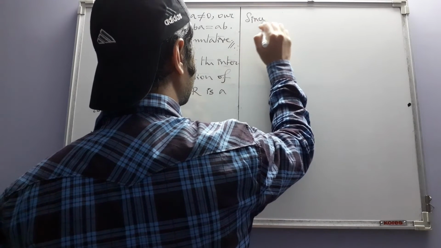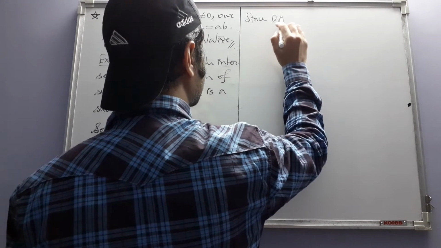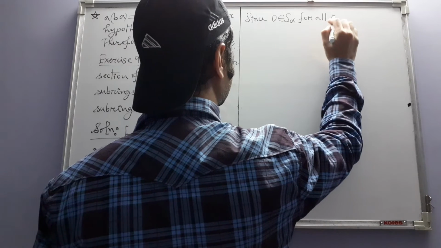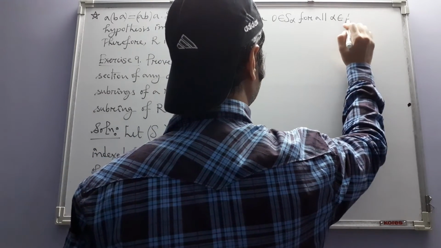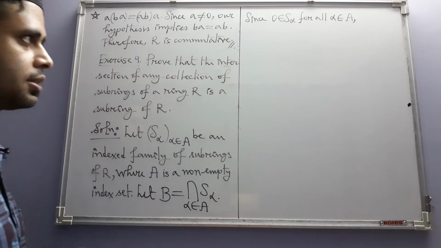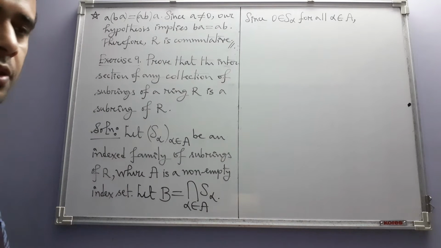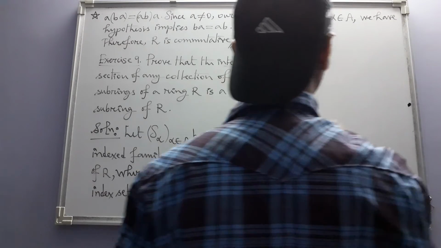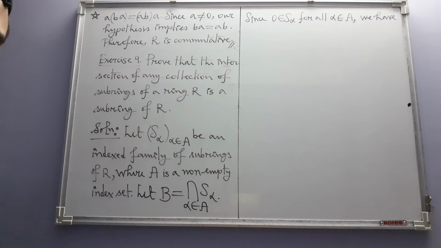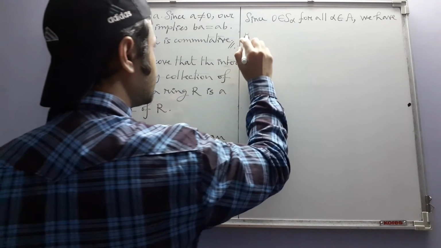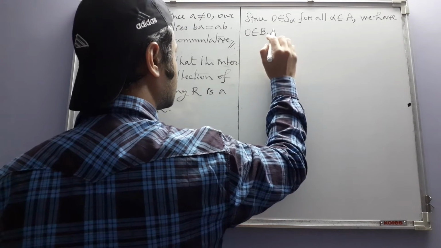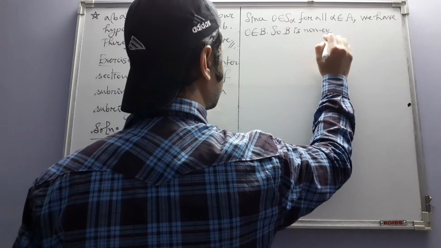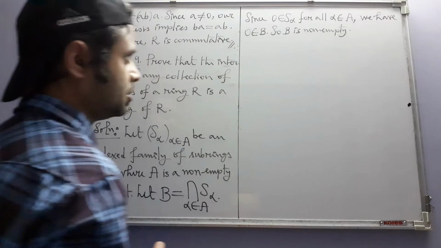Since 0 belongs to S alpha for all alpha belonging to A, because each S alpha is a subring, each one of them will have the 0 element of the ring. So the 0 will belong to their intersection also, that is in B. So B is non-empty.